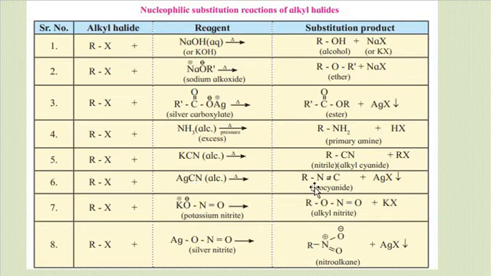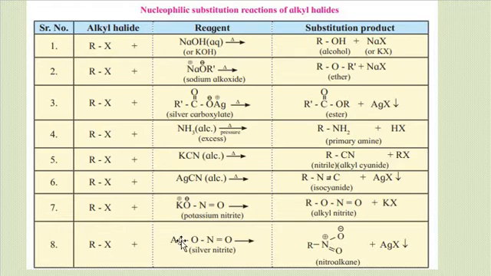We will get isocyanides. Then the next is when alkyl halide is treated with potassium nitrite KNO2, then what will happen? The NO2 group would be replacing X and give you alkyl nitrite and potassium halide.